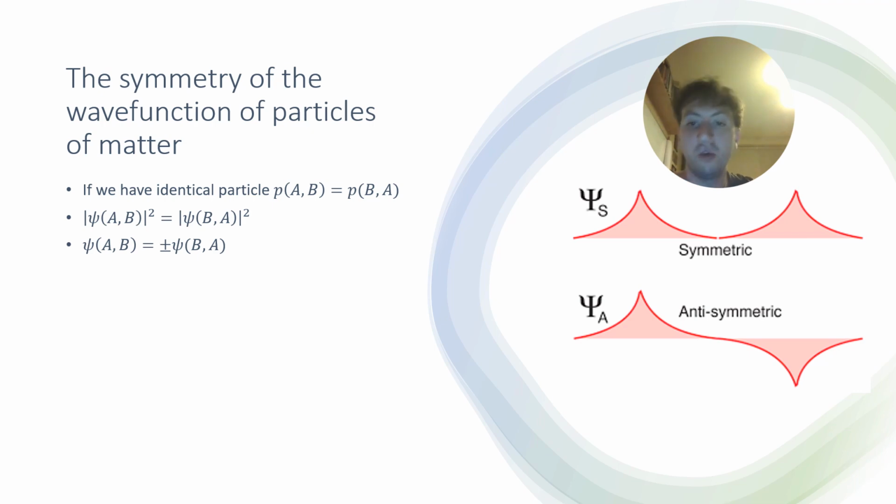And this enforces that for identical particles, we must describe the system of these identical particles in terms of wave functions that have a particular symmetry. So they can either be symmetric or they can be anti-symmetric. And on this slide you can see an image showing what symmetry looks like and what anti-symmetry looks like.